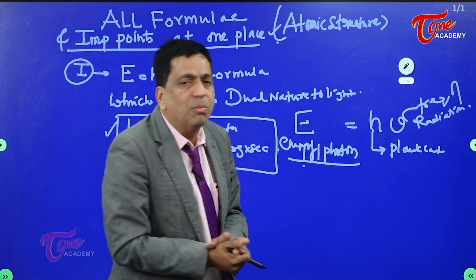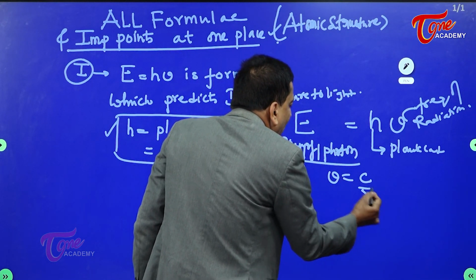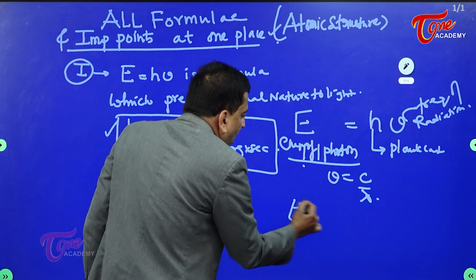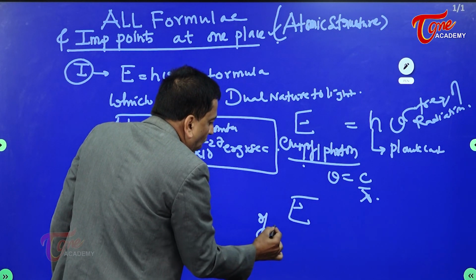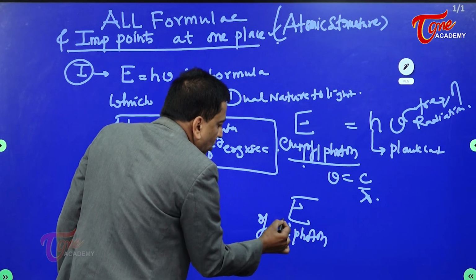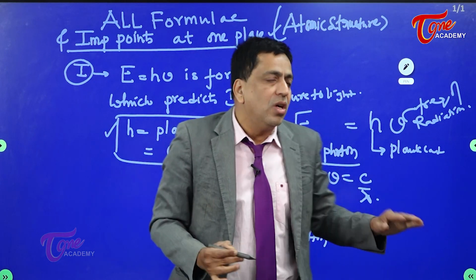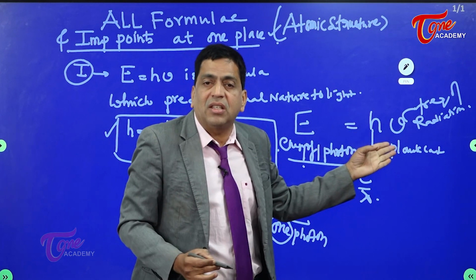Suppose the frequency is missing; then we know that nu is equal to c by lambda, so you can substitute it. Mind you, this equation is to calculate the energy of one photon. If frequency is given, use this equation.